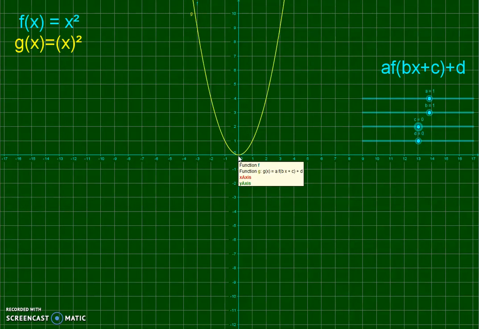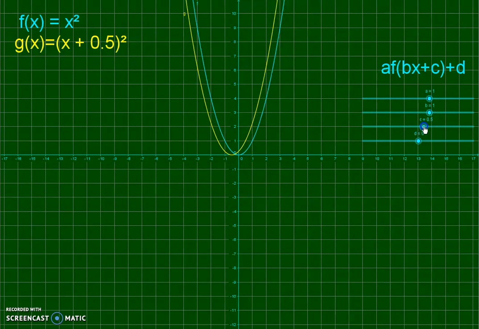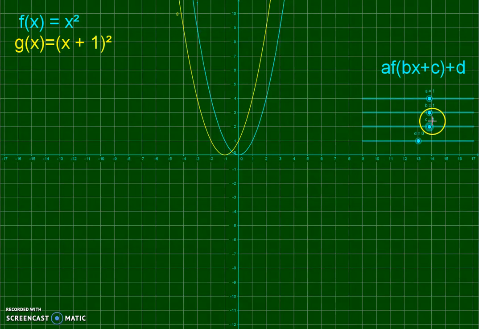The effect that this has is to shift the graph in the opposite direction of the sign here. As you can see, as I move the c value to the right, increasing its value, the graph of the function is shifting to the left. And you notice when c is 1 here, we have shifted the vertex of this quadratic to the left 1 unit.